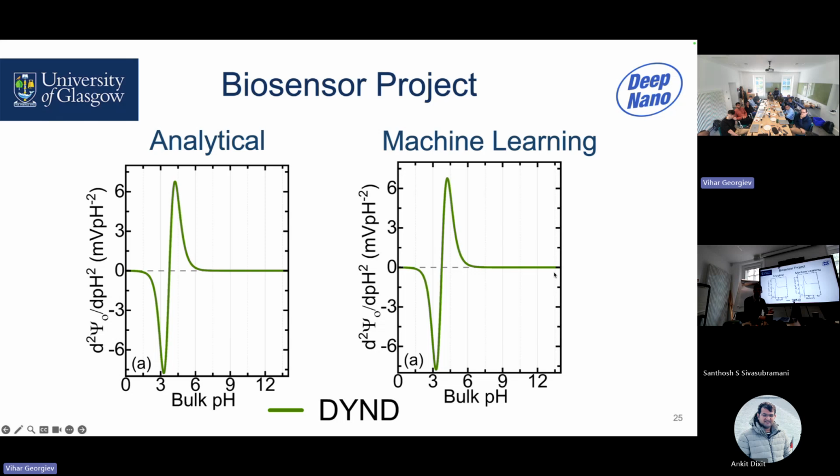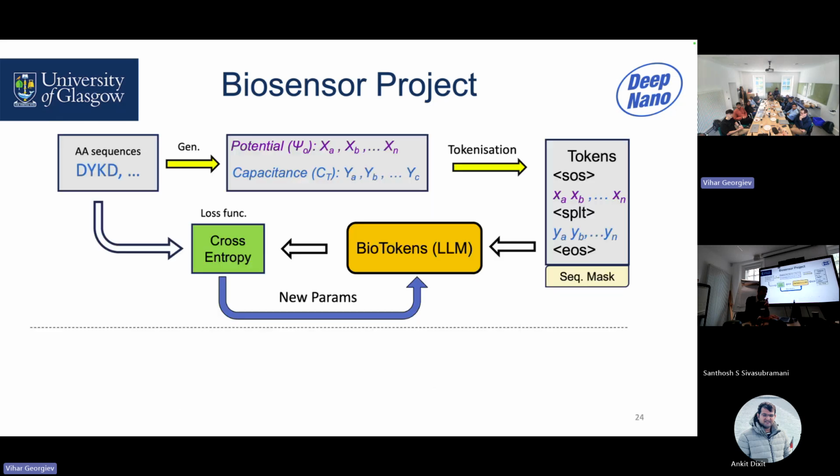And if you go further, this is the analytical and this is the machine learning output, they match more or less. I'll open a huge bracket here. They don't always match. And now what we're doing with my other PhD student is putting in something I call synthetic data or artificial fingerprints. So now we're looking at the area of these molecules.